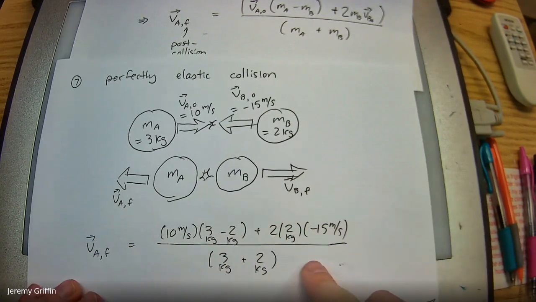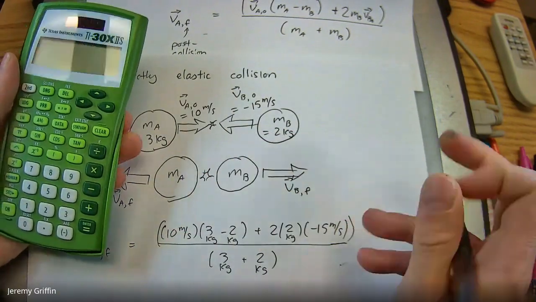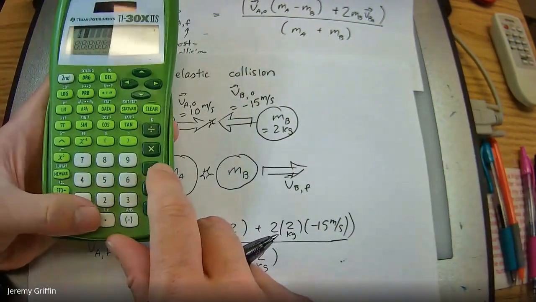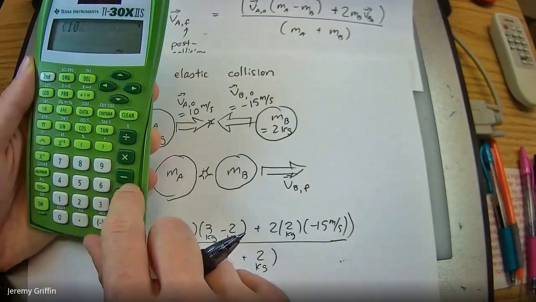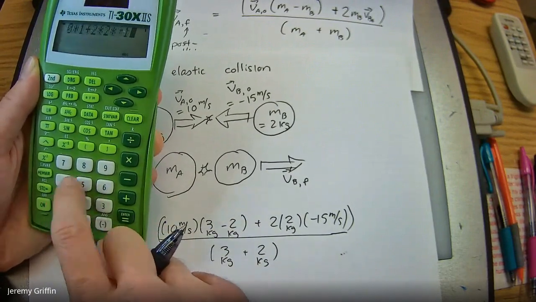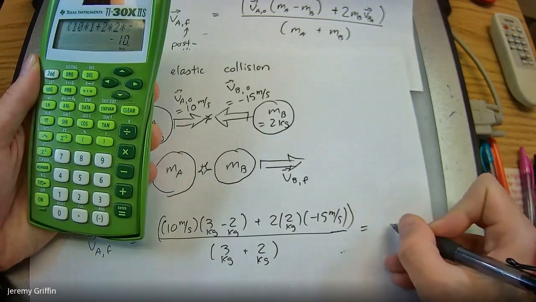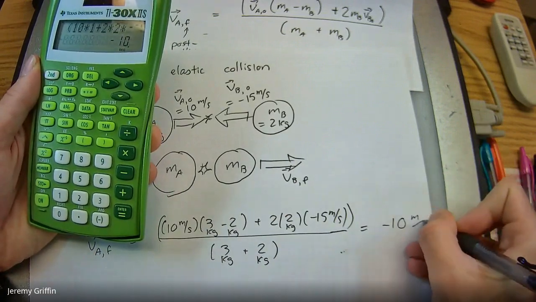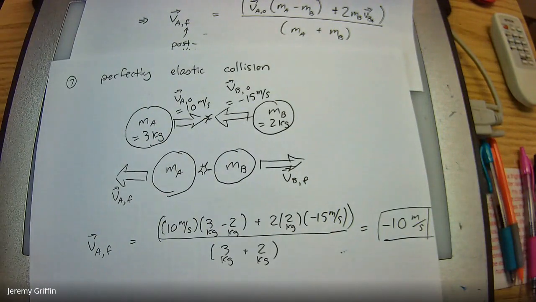Okay. I'll put this in my calculator all in one go. If you need to chunk this into smaller parts, you can do that too. So you got 10 times 3 minus 2. Okay, so 10 times 1 plus 2 times 2 times negative 15, all divided by 3 plus 2 is 5. Okay, I'm looking at negative 10 meters per second. There you go. That's the rebound speed of object A.